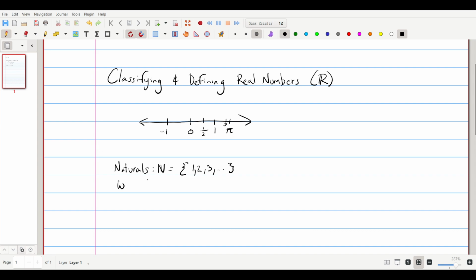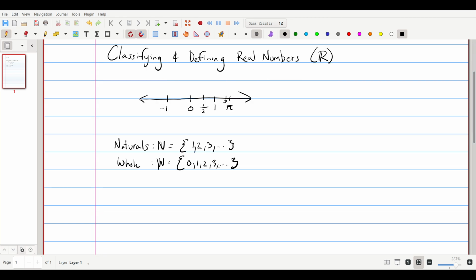Okay, we have the whole numbers. And the symbol for this is a W with a line through it. And the numbers here, basically the same as the naturals, but we include 0 here. Then we have the integers, which is like a double Z type of thing.